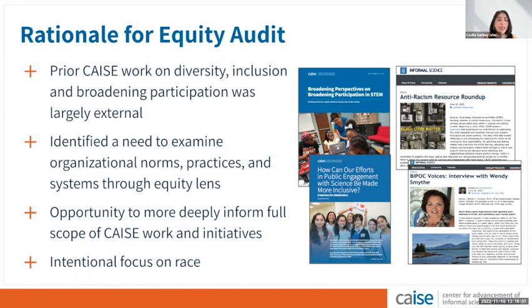The other piece that was specific in our equity audit is that we chose to intentionally focus on race. And part of the reason to look at racial equity was the fact that racial inequities underlie pretty much every domain in society.